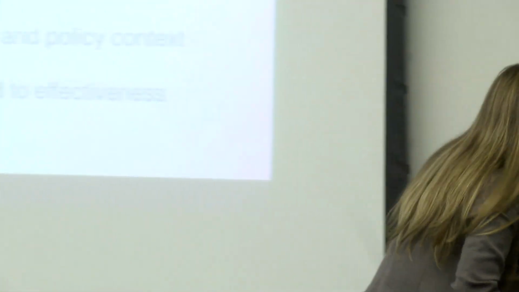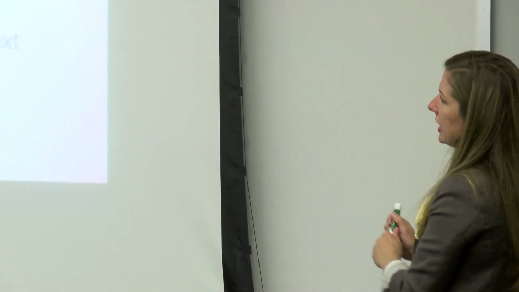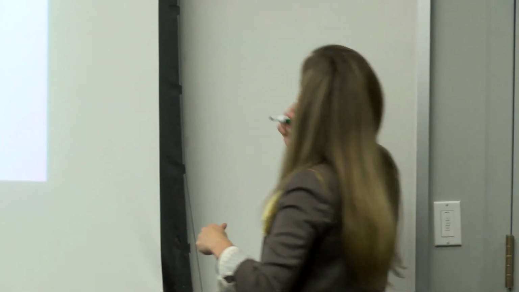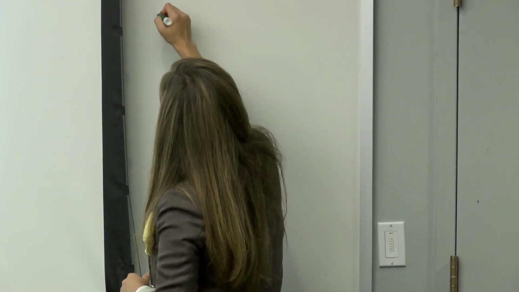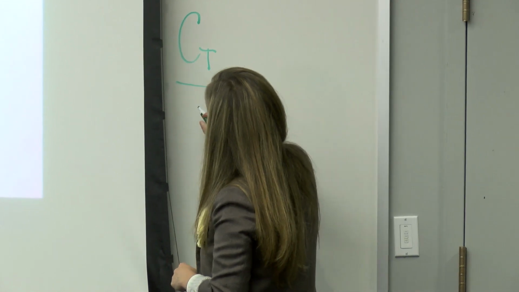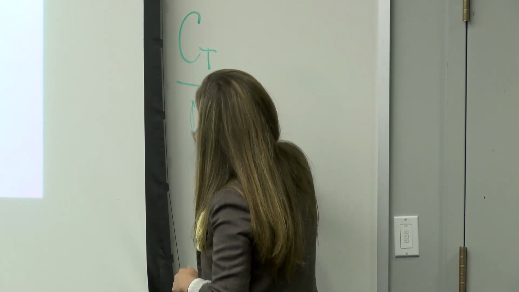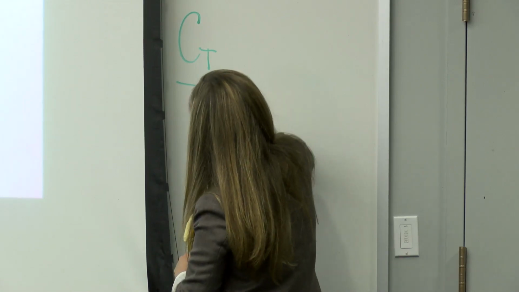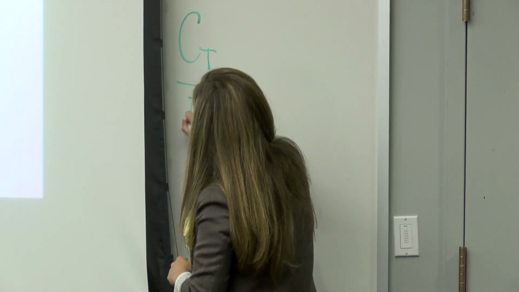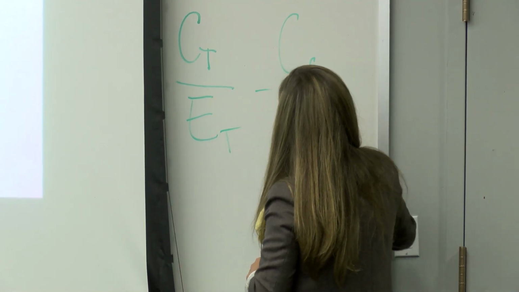So generally, this is probably going to be too tiny, but I can try. You're going to have a cost of your treatment, and you're going to have an outcome, which is generally an E. Let's just make that an E. You'll have an effect of your treatment, and then you're going to have a cost of your control and an effect of your control.